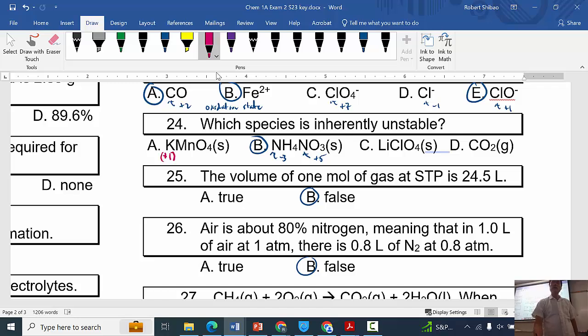And then which would go next, oxygen or manganese? Oxygen would go next at -2. And then manganese would be +7. +7 is a very high oxidation state. That means this is extremely electron poor at +7. This is going to be a powerful oxidizer.